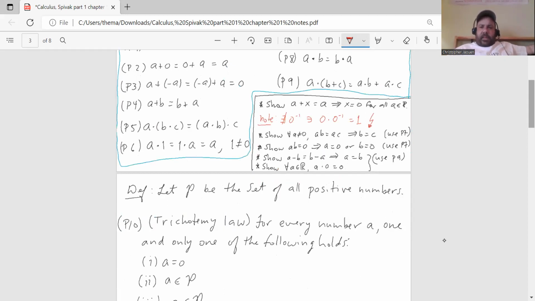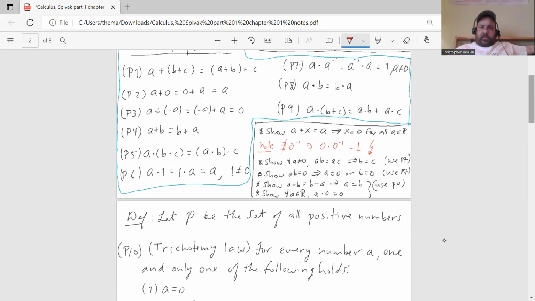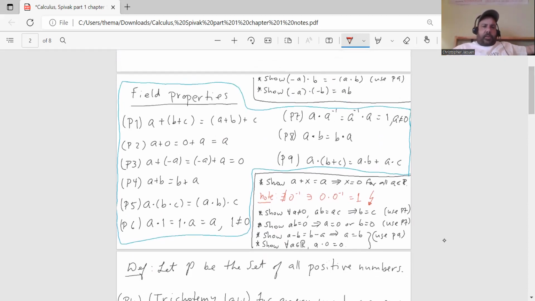Or actually, before I even do that, let me just go to the field axioms for a second. Maybe I should say what they're called. P1 is called an associative law. This is the associative law for addition. You can see that the operation we're looking at is addition.